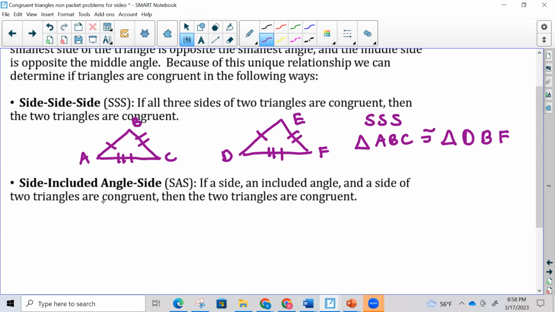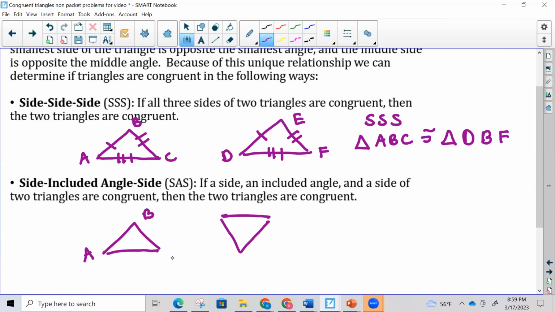A second way to prove triangles congruent is called side included angle side. And we usually just say SAS for side angle side. And so this looks like if I have 2 triangles, and they don't have to be, again, the same direction. We can kind of draw them differently.